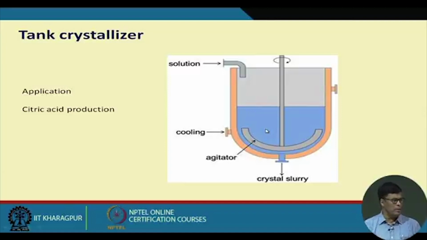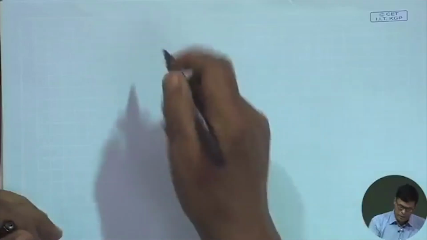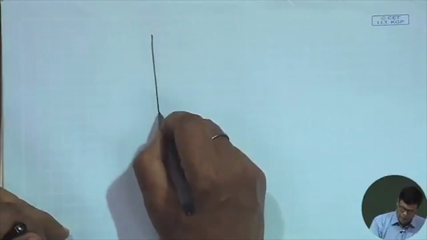Now this is the tank crystallizer that we use in the industry, and let me explain this process. It is very simple.